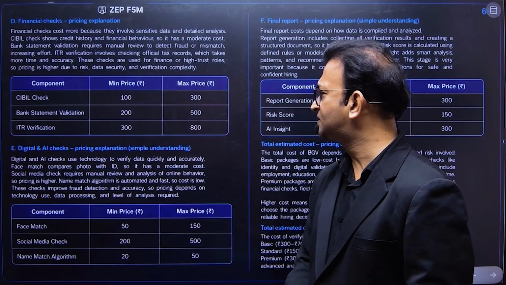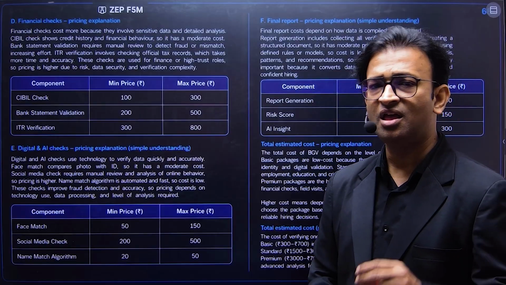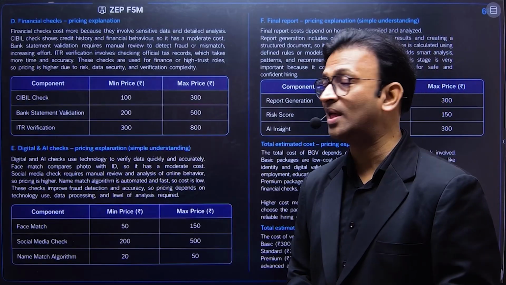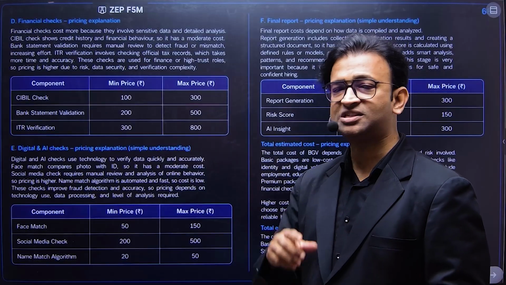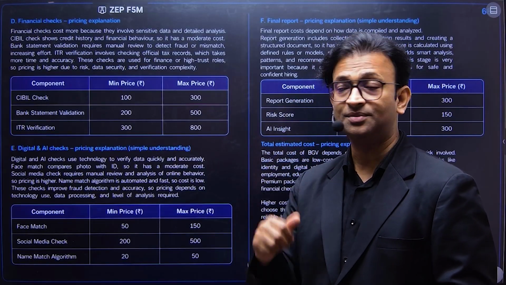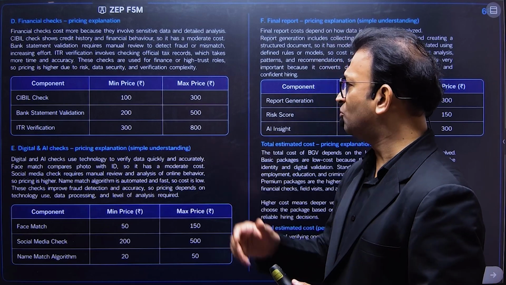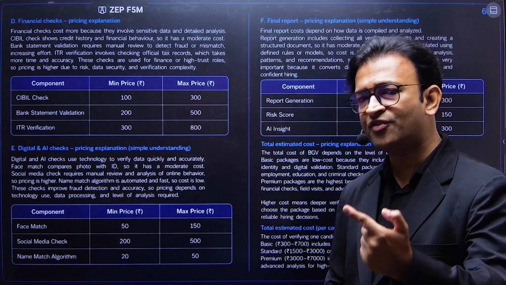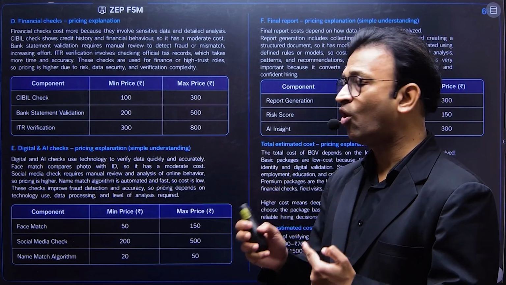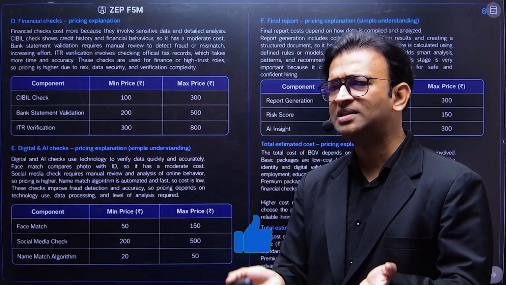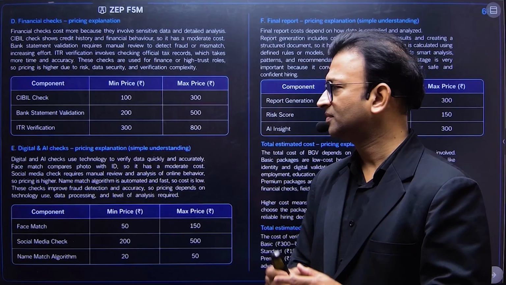Digital checks use technology to verify data quickly, very fast and accurately as well. Face match compares photo with your ID, so it has a moderate cost. Social media check requires manual review and analysis of online behavior and attitude of the employee, so the pricing is a little higher.